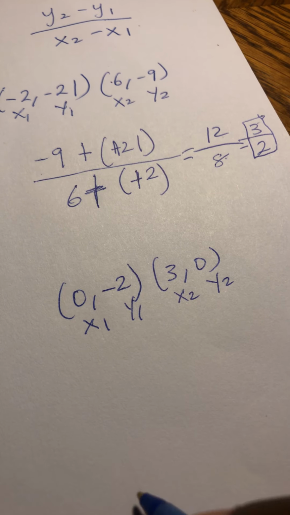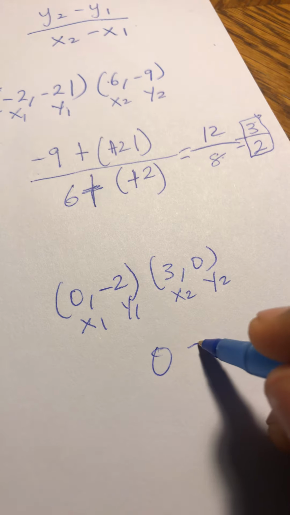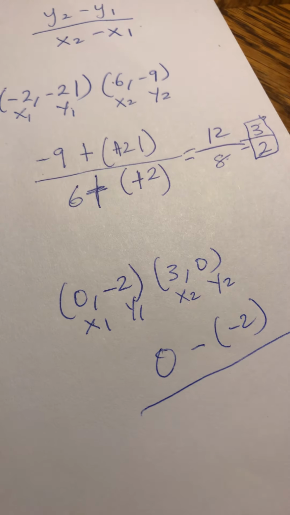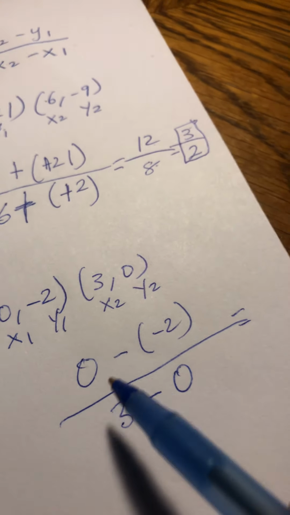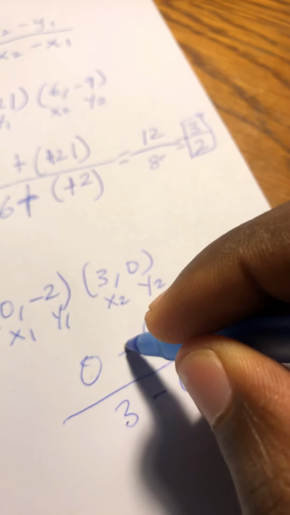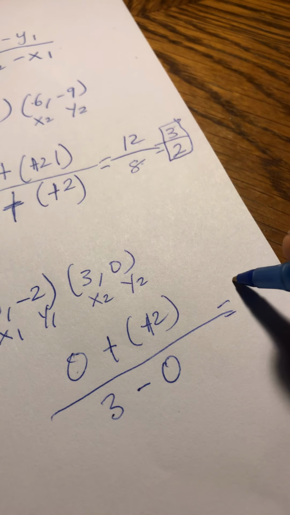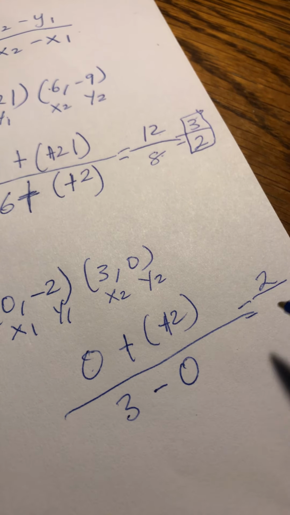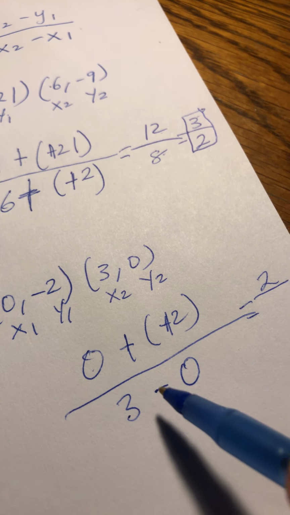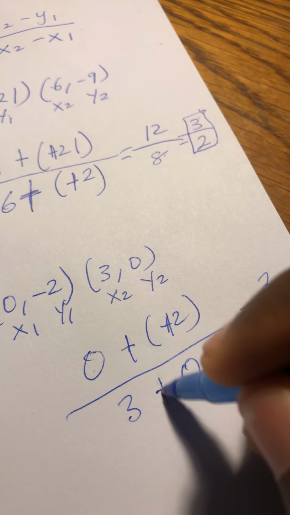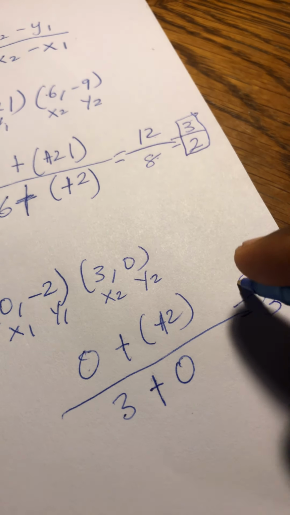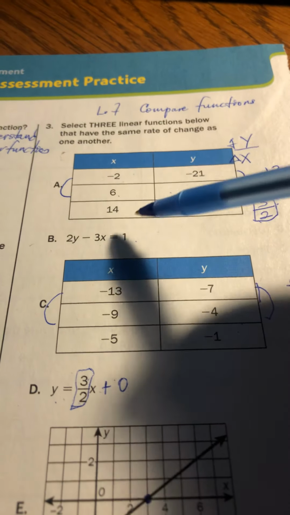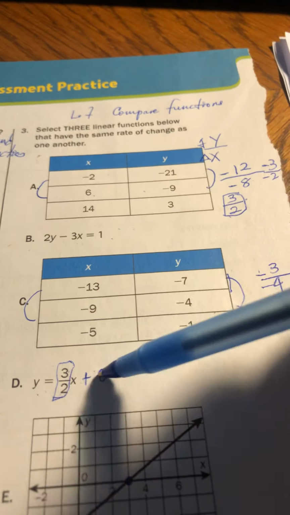So my y2 is 0, my y1 is negative 2, my x2 is 3, my x1 is 0. I'm going to keep, flip, change, so that'll give me 2 over 3 minus 0. So this is 2 over 3, not 3 over 2. So that means our answer for this is A, B, and D.